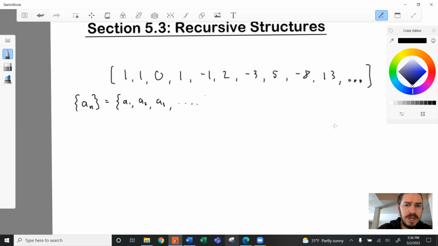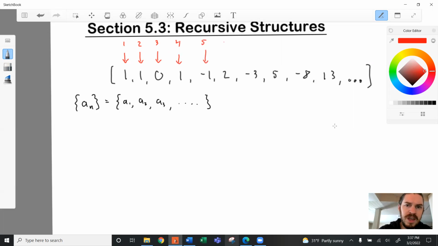With that idea of using an index, a subscript, it gives us a way of associating each element in the sequence with a positive integer. So we can imagine that the number 1 is mapping to the first element of the sequence. 2 maps to the second, 3 maps to the third, and so on down the line.